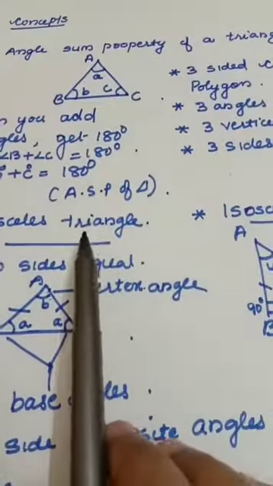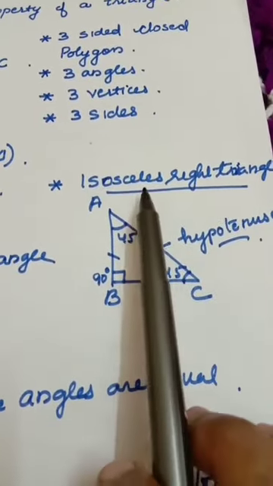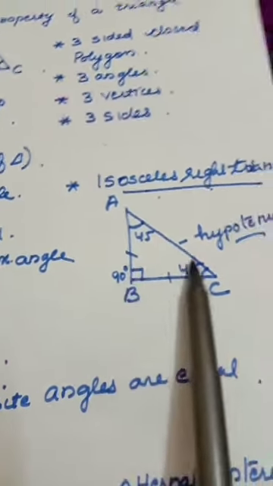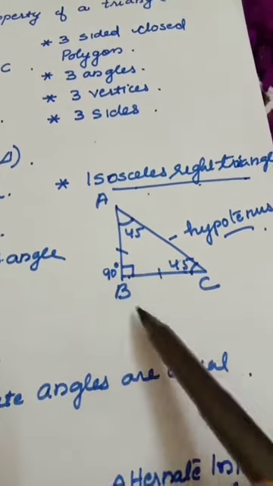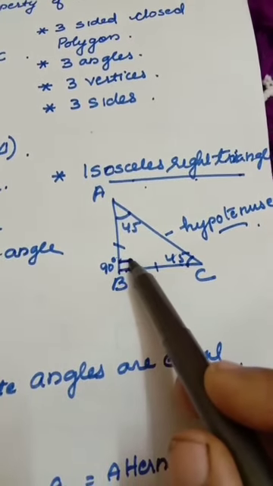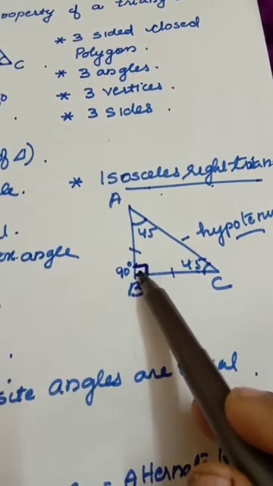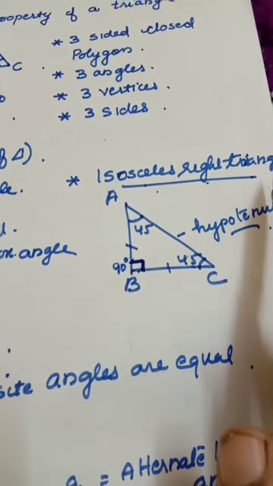Another one is isosceles right angled triangle. Isosceles means two sides are equal. Right angle means one of the angles is 90 degrees. Whenever you see this square, it means 90 degrees. That triangle we call a right angled triangle.